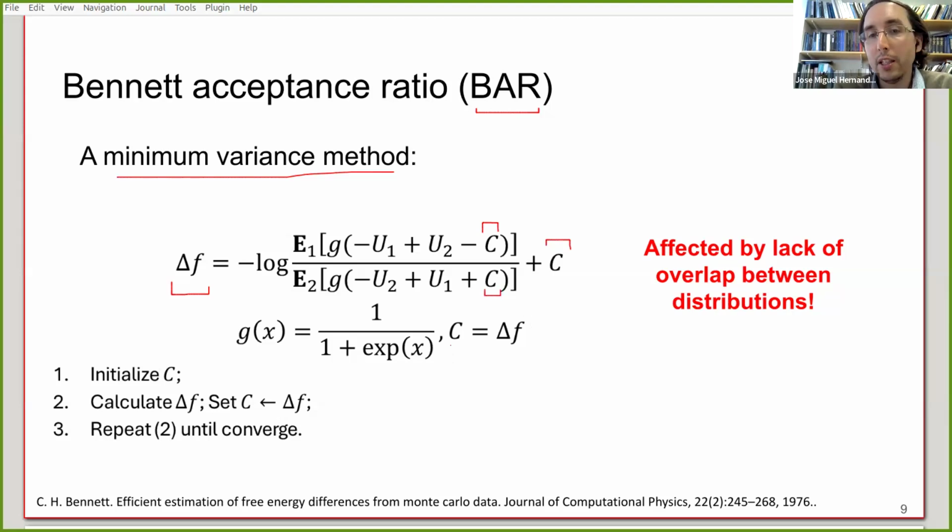And the minimum variance is achieved when C is the right free energy difference, and then this function G here is Fermi's function, which is similar to the logistic function, but without the minus sign here. So it's 1 divided by 1 plus exponential of x. So BAR can be shown to have way less variance than importance sampling in general.